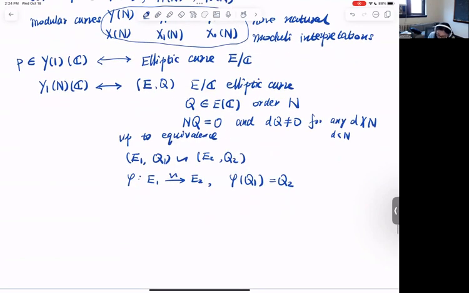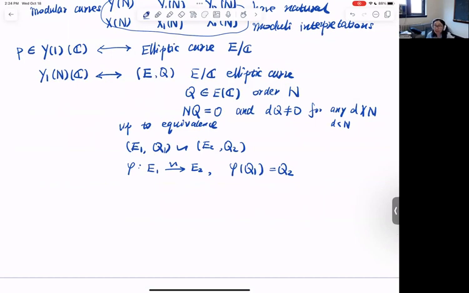So from its modular interpretation, you can very explicitly think about the degree of the map from Y1(N) down to Y1. Because on each elliptic curve, how many pairs (E, Q) are there? So the degree is just the number of elements on my elliptic curve whose order is exactly capital N.